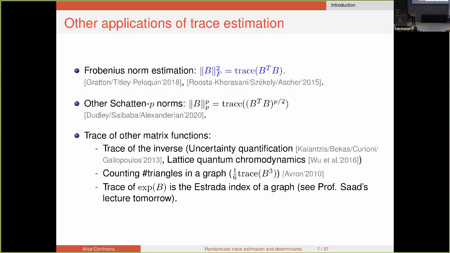Before going on, I would like to mention that there are other quantities that can be expressed as the trace of suitable matrices.